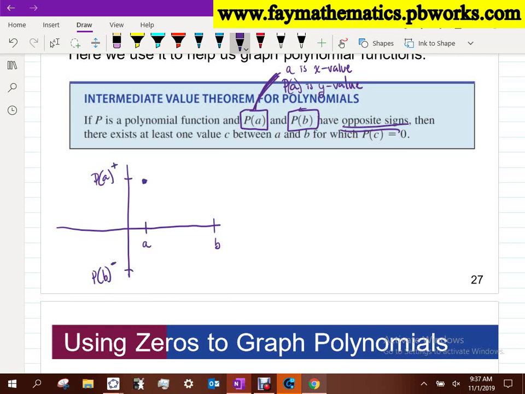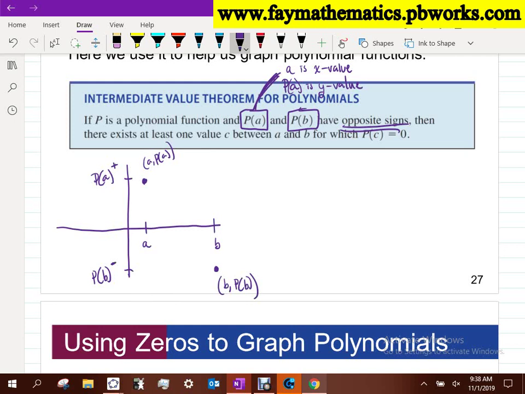So there's P of A. This is the point A, comma, P of A. This would be the ordered pair B, comma, P of B, right? Is this okay with everybody? Have we satisfied everything that's said in this hypothesis?